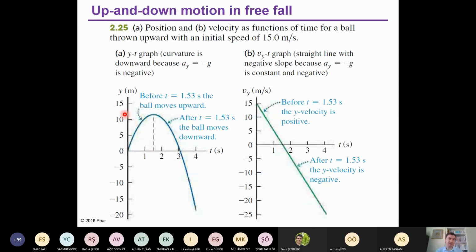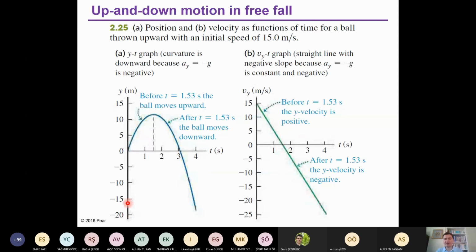So now we have positive numbers. The particle is moving upward from the origin in the y direction, and it reaches its maximum height, and then it goes back to the roof level, and then it goes down, -5, -10, -15, -20, okay, to the ground. This is the position of the ball as a function of time.